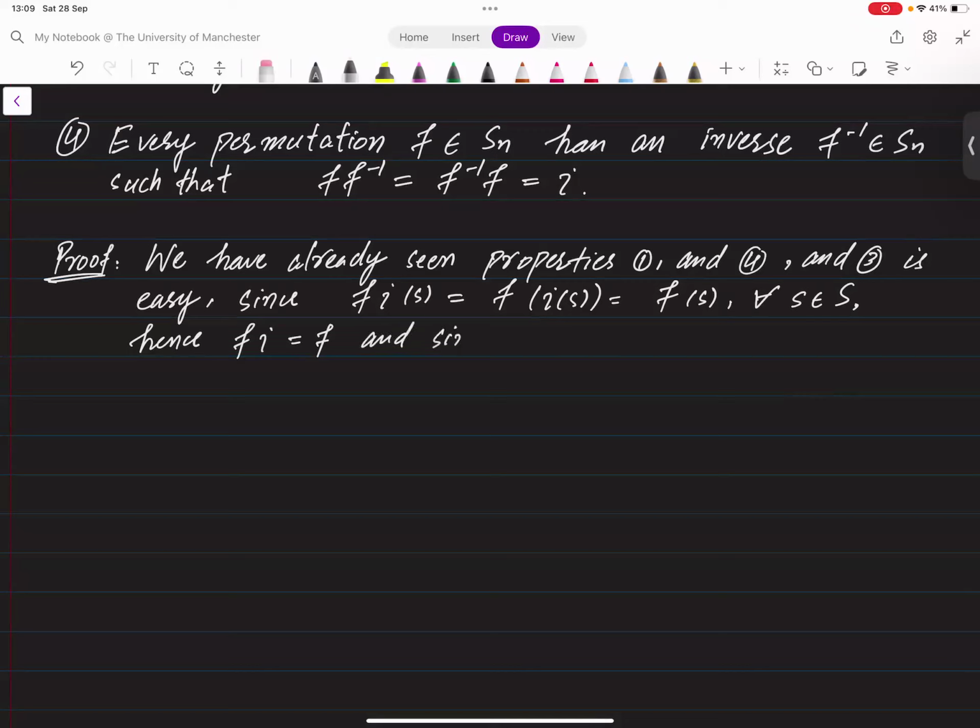And similarly, I compose f is again f. So 3 is done and dusted.